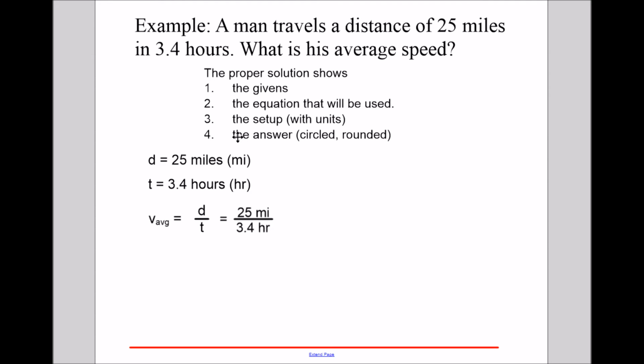Finally, the last step is to write down your answer, and it's always a good idea to write down a pretty unrounded answer and then go ahead and round it in the end and circle it so that everybody can find it. In terms of how many numbers to round it to, these are things that we'll talk about later, but in this particular case I rounded it to 7.4 instead of 7.35, mainly because of the numbers that I had to start off with.